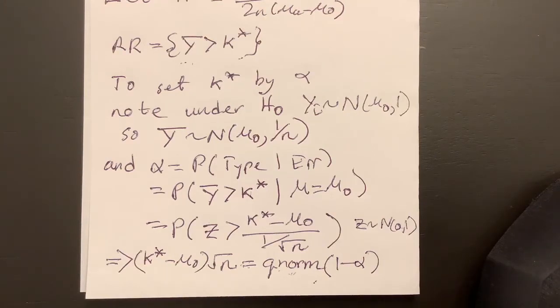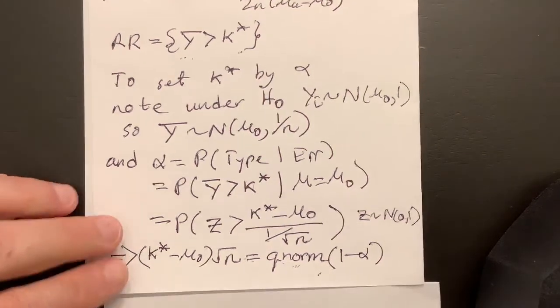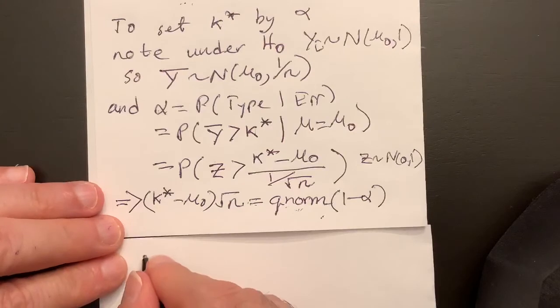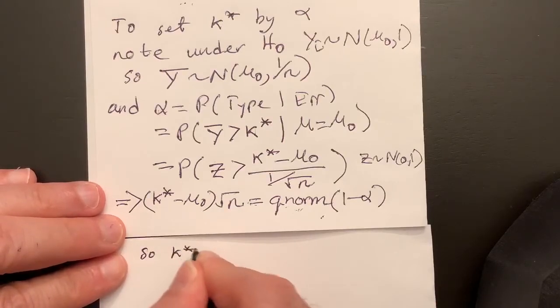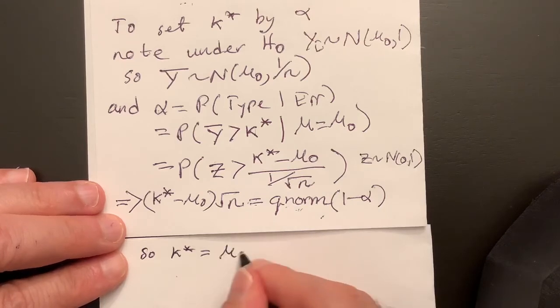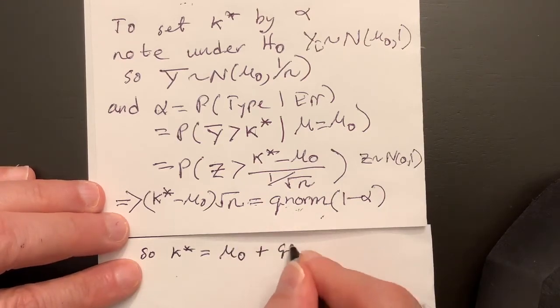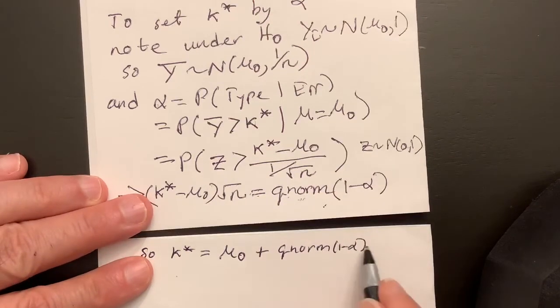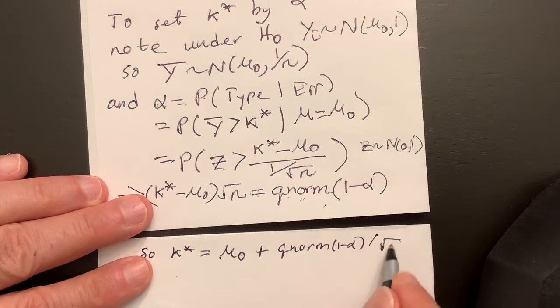Well, we're just about there. We found what k star is, and we found what the test is. So k star is equal to mu 0 plus q norm 1 minus alpha divided by the square root of n.